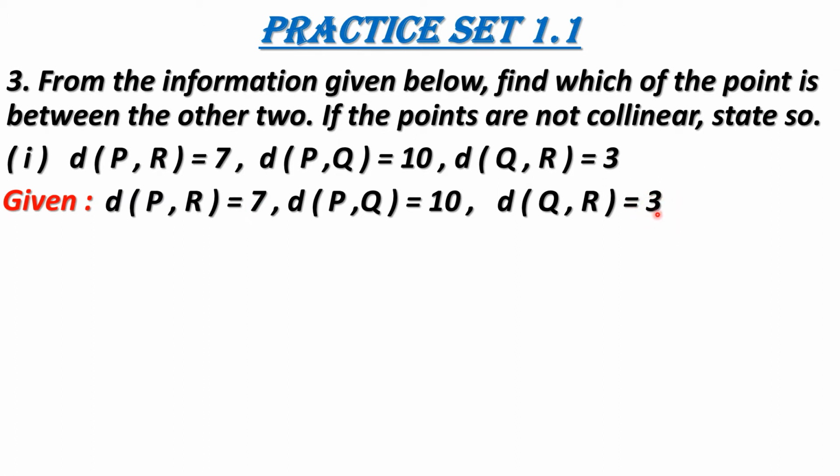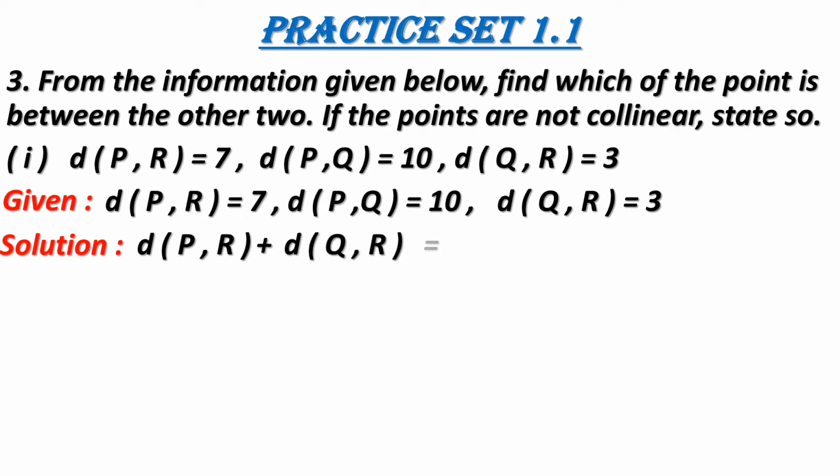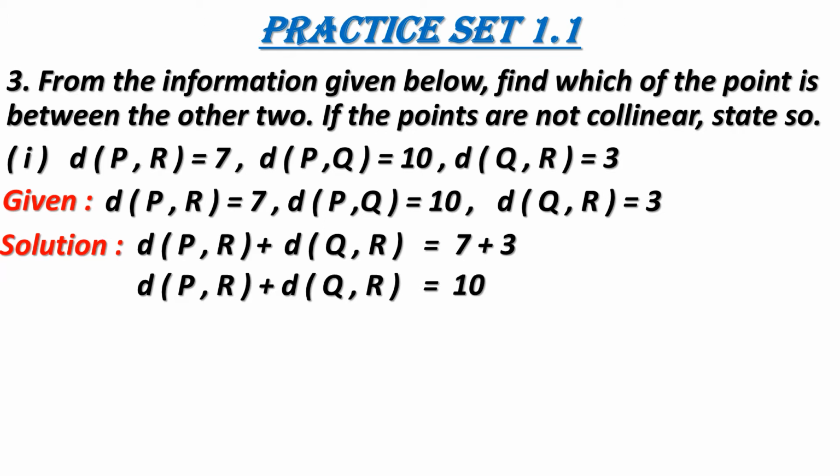So we will find the sum of the two smaller distances and compare it with the remaining distance, that is 10. So let's see, we'll add distance PR with distance QR, we will get 7 plus 3. Therefore distance PR plus distance QR equals 10.